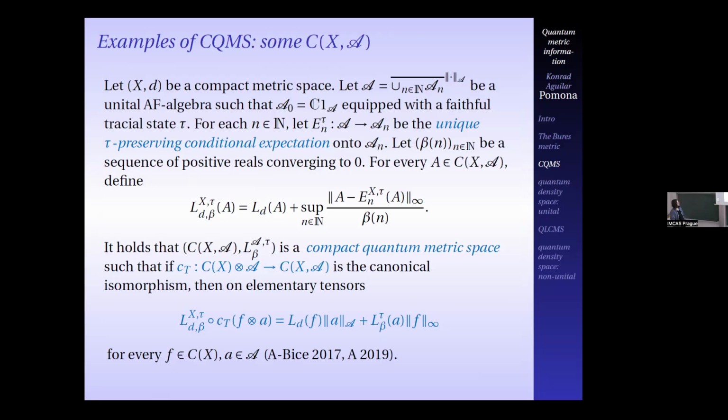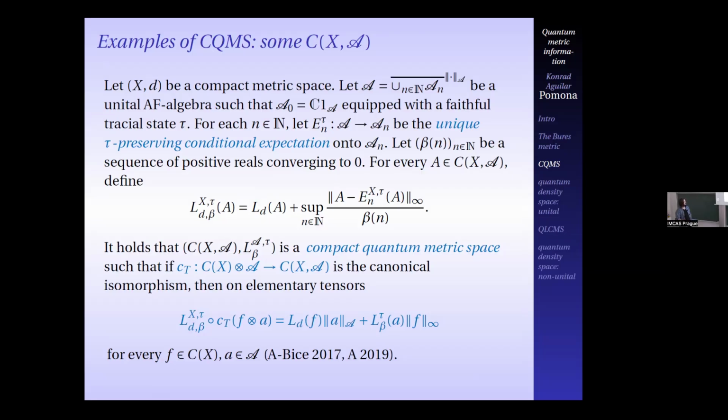So you do this whole conditional expectation construction, but then you define it pointwise and you get a conditional expectation from C(X, A) to C(X, A_n). And this has a nice property that if you view C(X, A) as a tensor product C(X) tensor A, then on elementary tensors, you get a product rule with this semi-norm here.